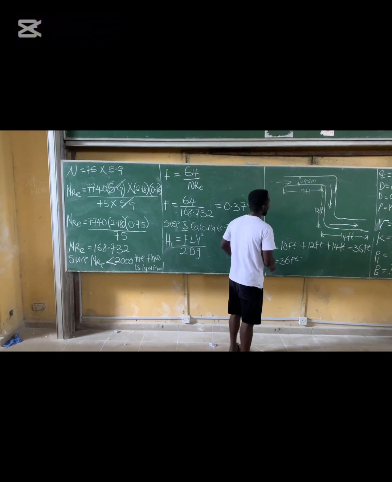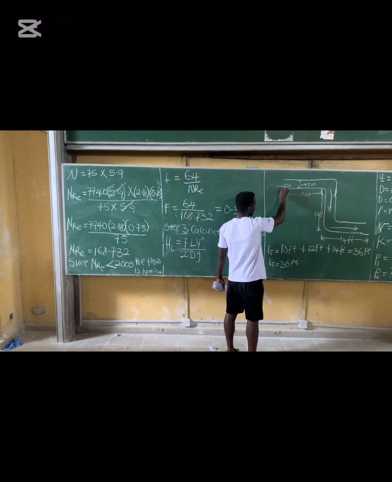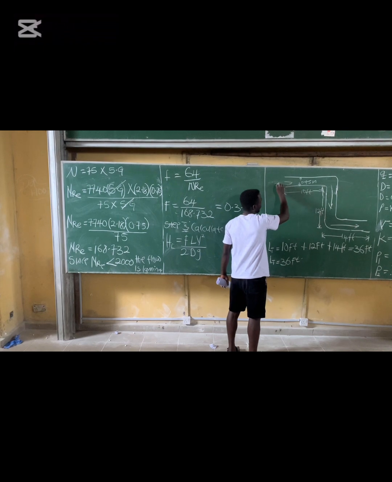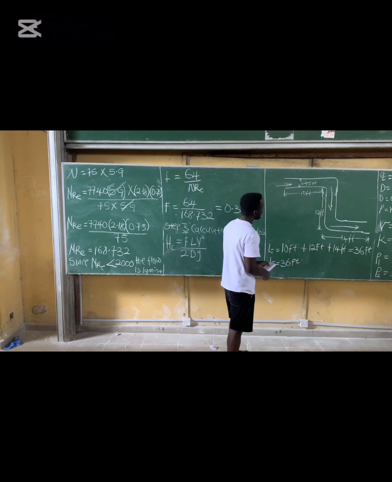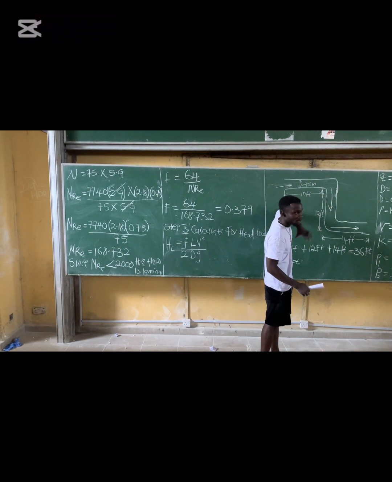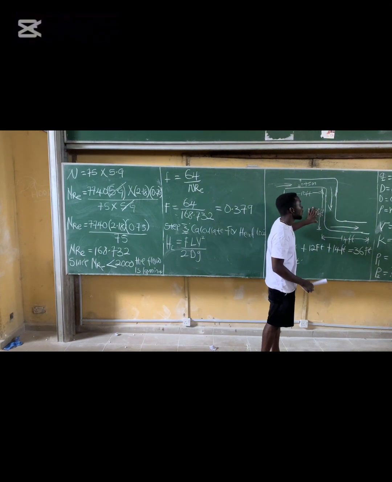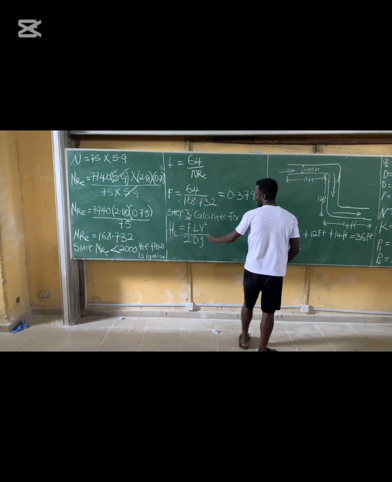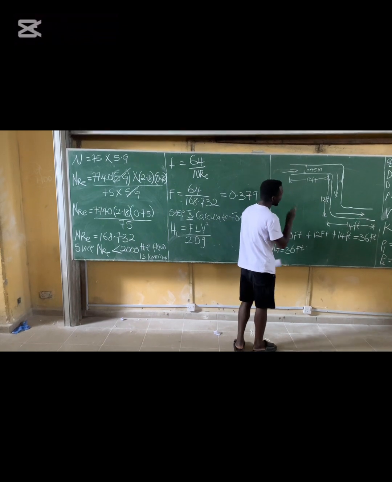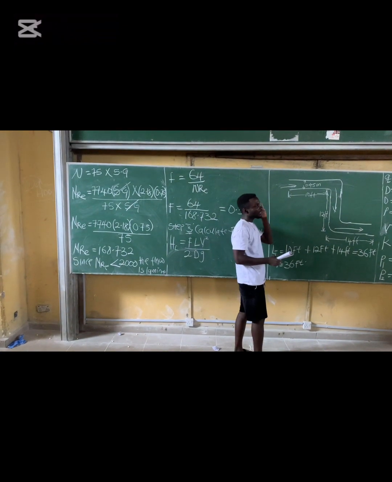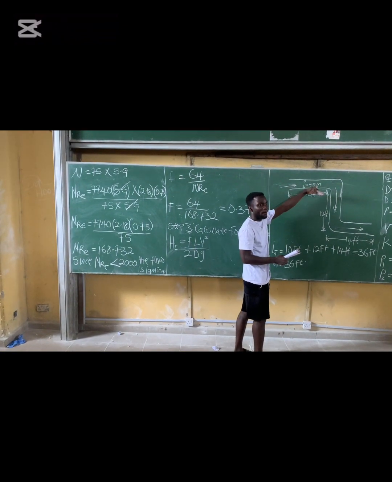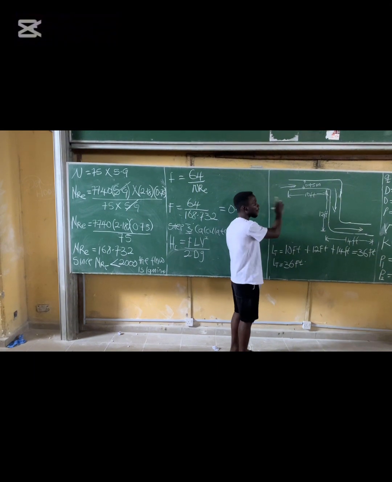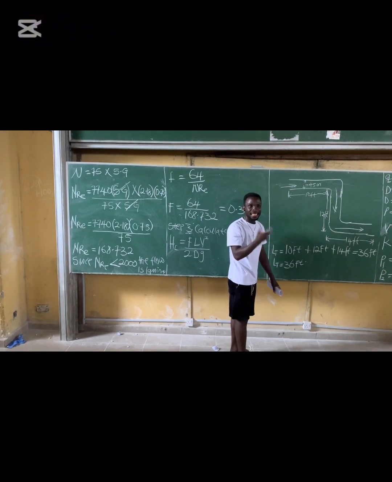But there is an elevation. They gave us an elevation because at this point there is a vertical height, which is 12 feet. Let's analyze the height of this question before we calculate for the length. If you look at this question very well, the flow started through a horizontal pipe. So at the beginning of the pipe, there is no elevation.